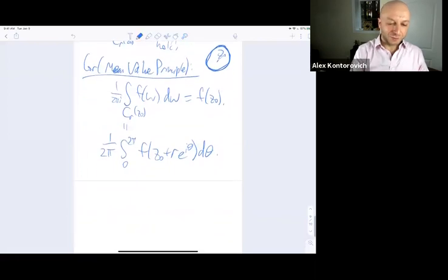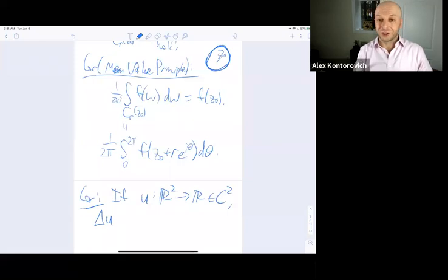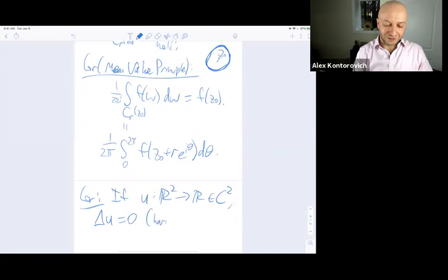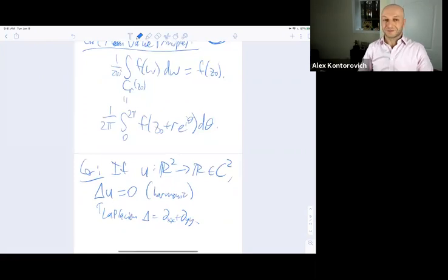All right, let me give you just one more corollary. This is a fun kind of, we get this for free. If u is a real valued function, twice, not infinitely, twice continuously differentiable, so that I can define a Laplacian, and if u is harmonic, I remind you that the Laplacian is 2 derivatives in x plus 2 derivatives in y.